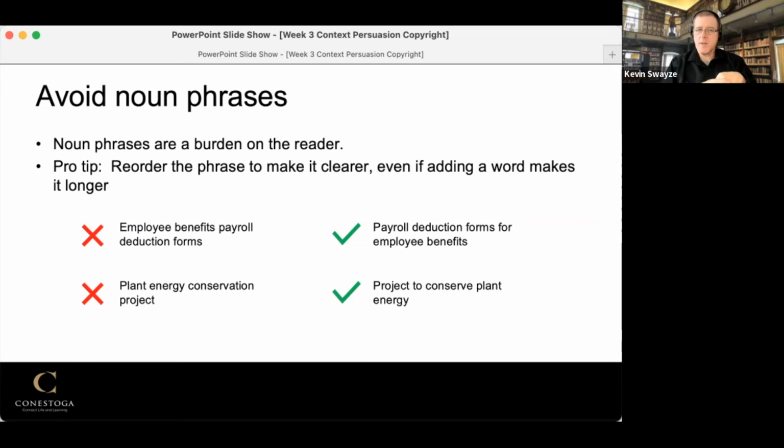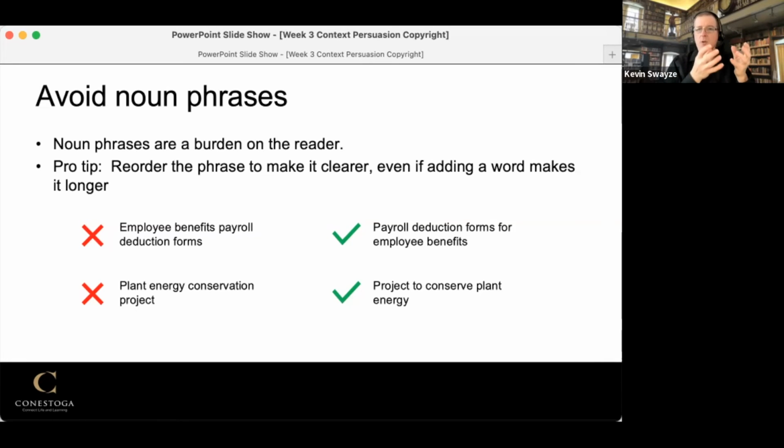Think about the other one, plant energy conversion project. Yeah, it's a project, but there's three words in front of project describing it. I would say start with project to conserve plant energy. It's not quite as active, but it's far easier to understand because we're talking about the plant, meaning the equipment, to conserve, or project to conserve plant.